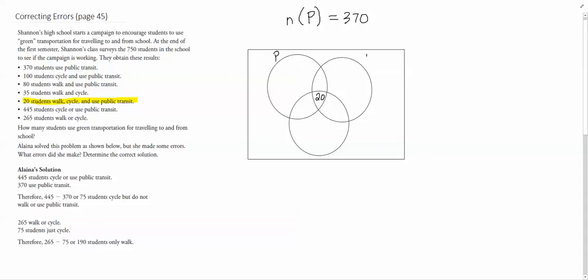We have cycling and walking. So now we were told that 100 students cycle and use public transit. So 80 of those 100 students use, or sorry, 20 of those students also walk. So 80 use public transit and cycling exclusively.